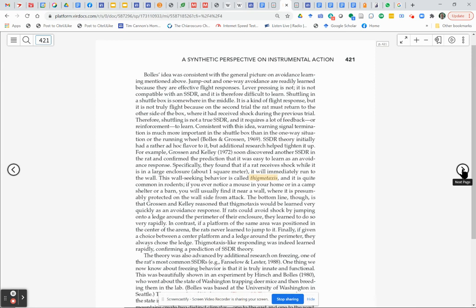Thigmotaxis is still important to me because I study fear. And if you're ever designing a restaurant or a public space, you have to worry about thigmotaxis too in humans. You like to be protected.